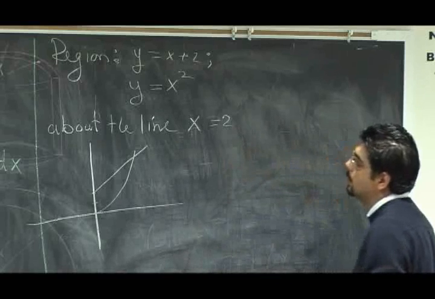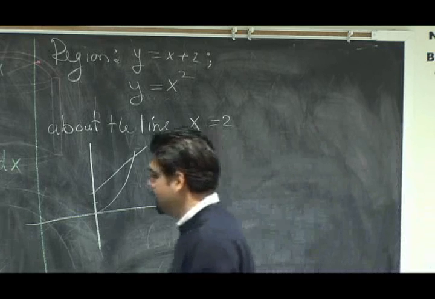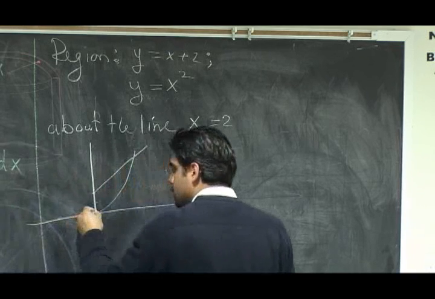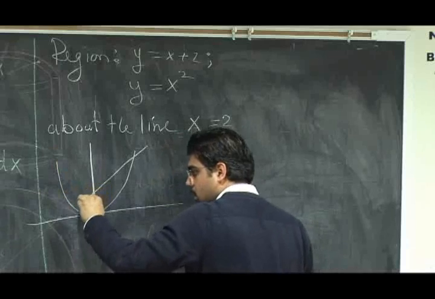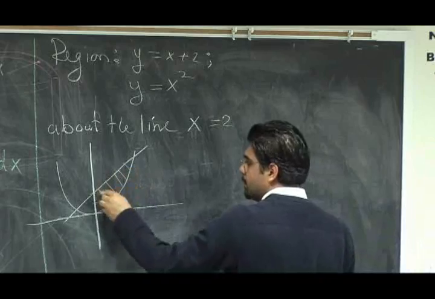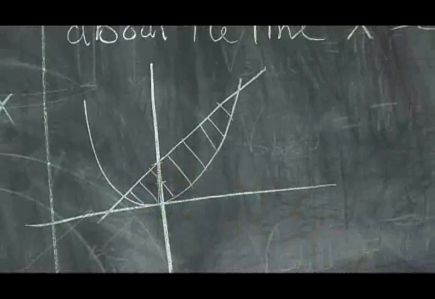Okay, so about the line x equals 2. There we go. So this is the region. The reason I can't stop there is because the y-axis is not a boundary.